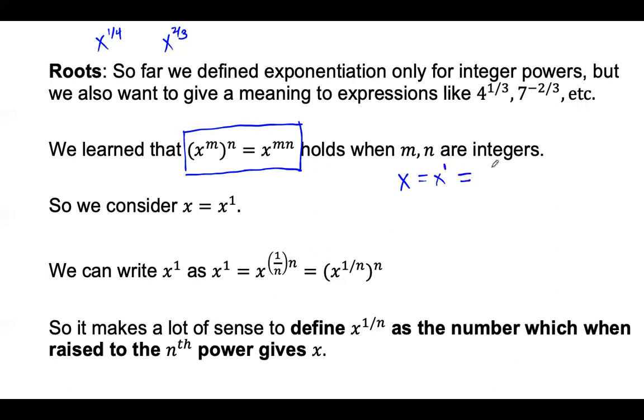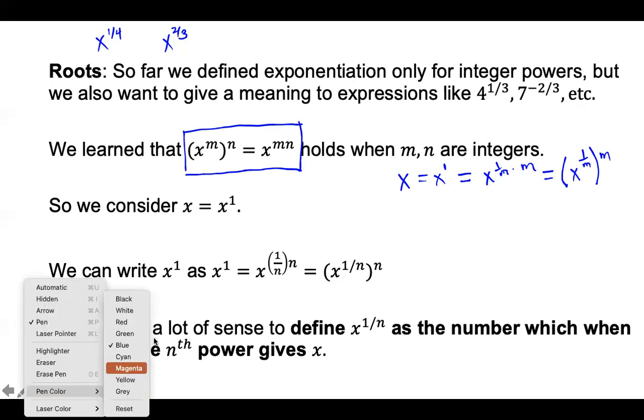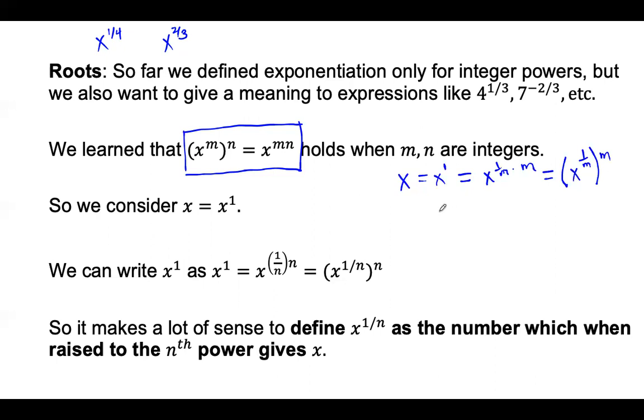So this is the same as saying x to the power 1 over m times m. And we know this because, let's write a little note, 1 equals 1 over m times m.